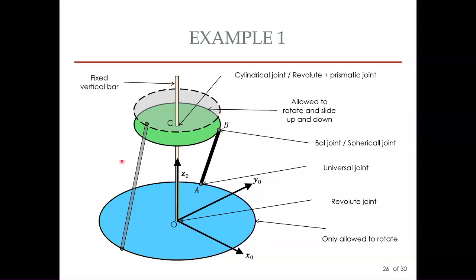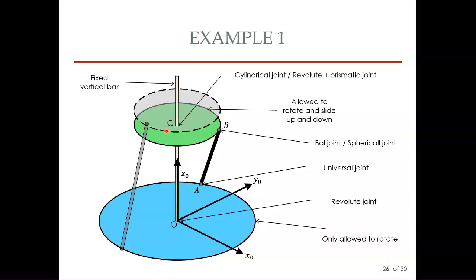The vertical pole is fixed, it doesn't move. So this joint only has 1 degree of freedom, revolute, so rotational.